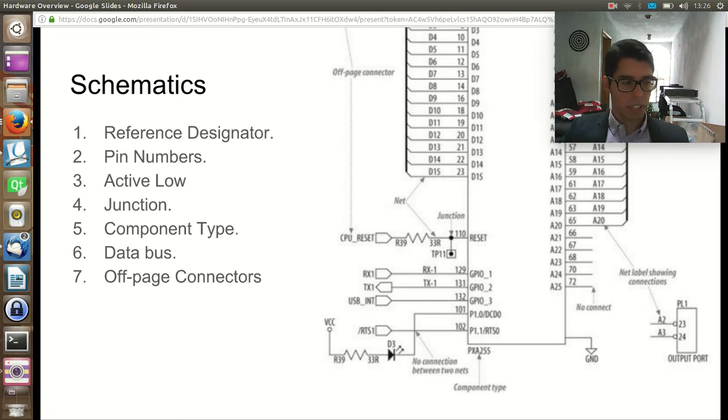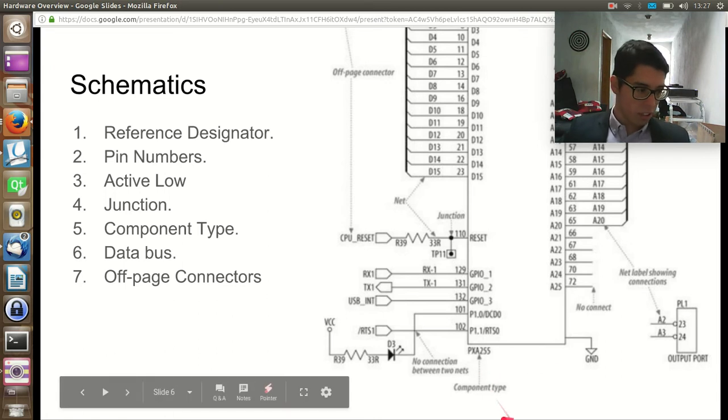Then we have the concept of active low, where the signal activates the functionality of that pin when you apply a logic level of 0, whereas a logic level of 1 will deactivate the function.